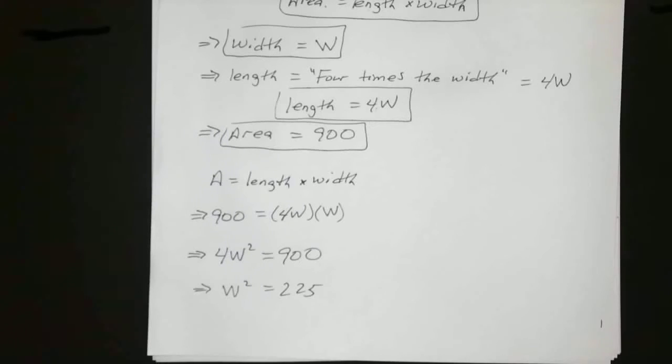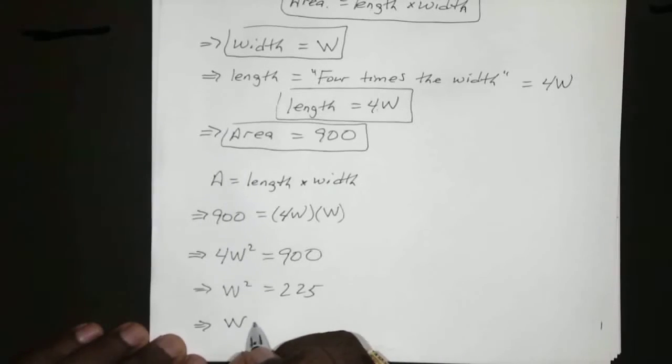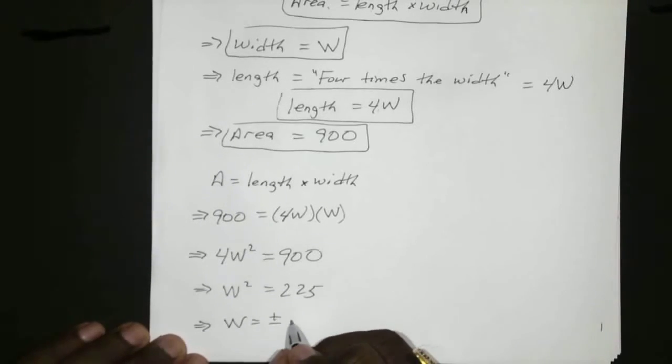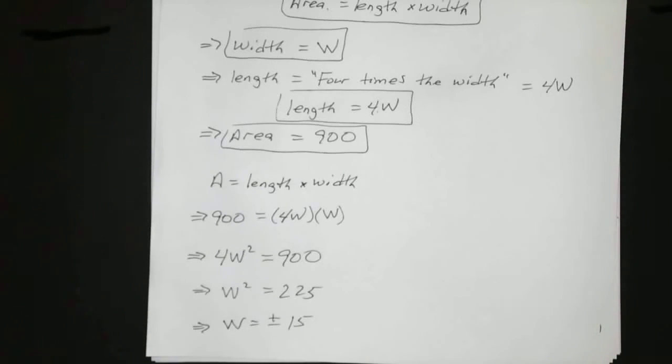Now you can just square root both sides. You can move the 225 over and do difference of squares. Either way you decide to factor or solve that one is completely up to you. But if you do that, you end up with W equals plus or minus 15. You can't really have a negative width, so we don't need the minus.